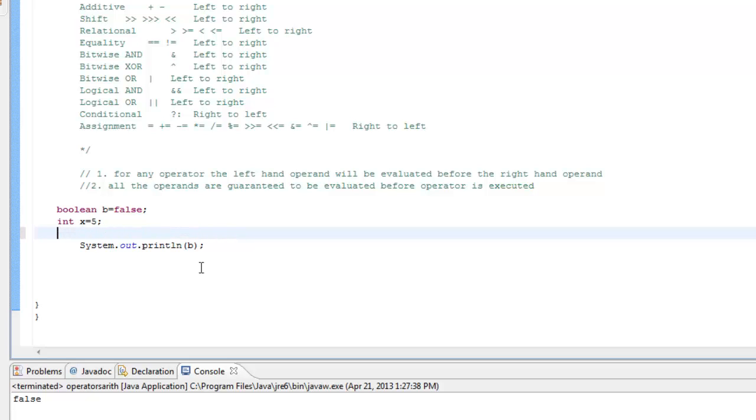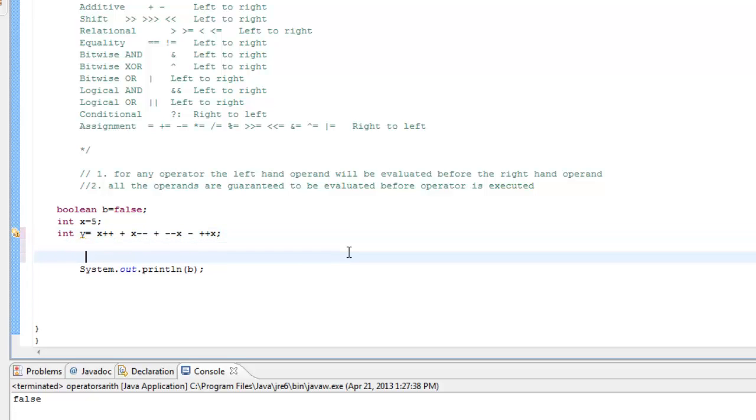So this means that if I say y is equal to x plus plus plus x minus minus plus minus minus x minus plus plus x, the system will first calculate 1, 2, 3 and 4, all 4 values before it will calculate the plus or negative. So this will first substitute the values of all the 4 values.